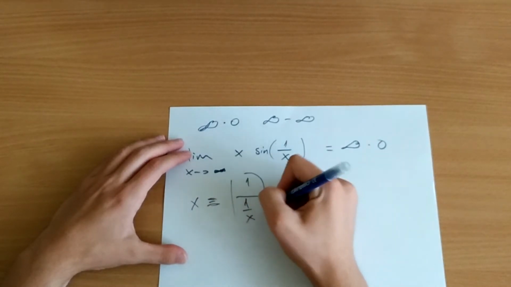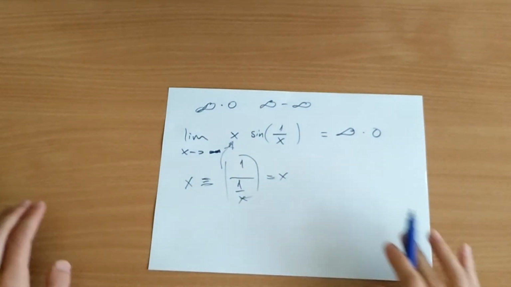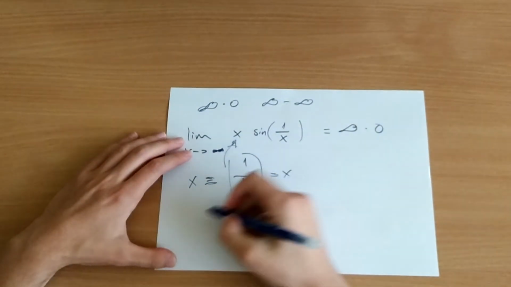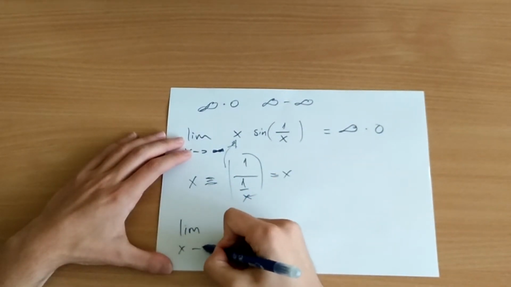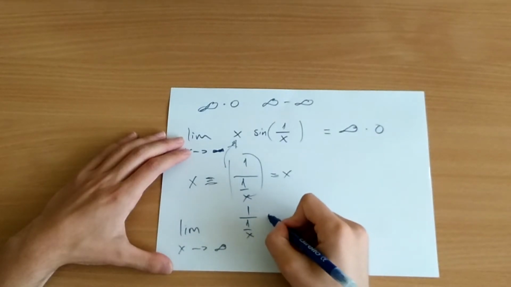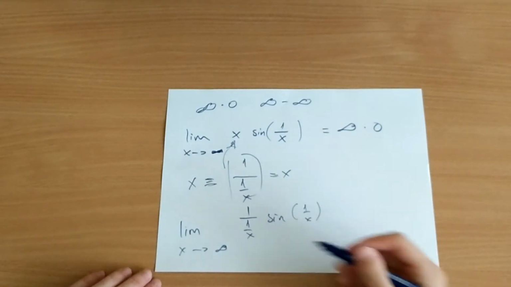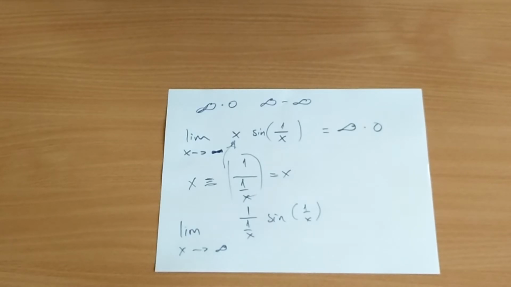So if we replace this instead of x, let's see actually what we will get, 1 over x times sine of 1 over x. Now here we replace the x with the infinity sign. We'll get 1 over infinity, which is 0, and we'll get 1 over 0, which is equal to infinity.